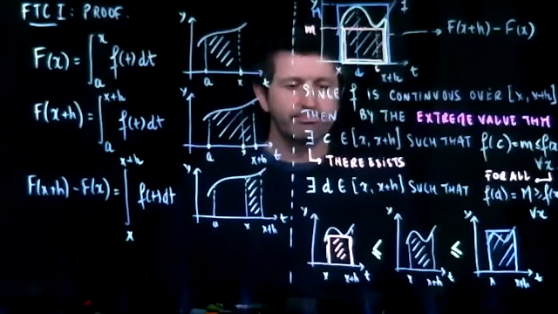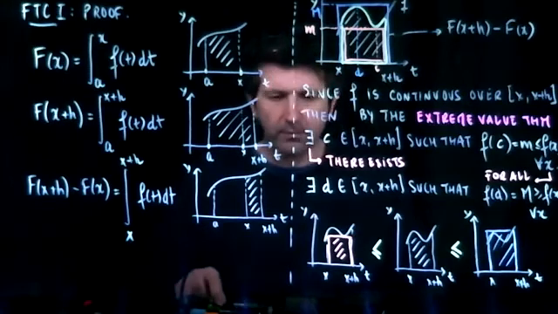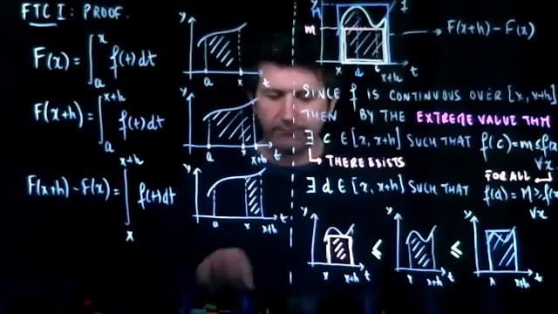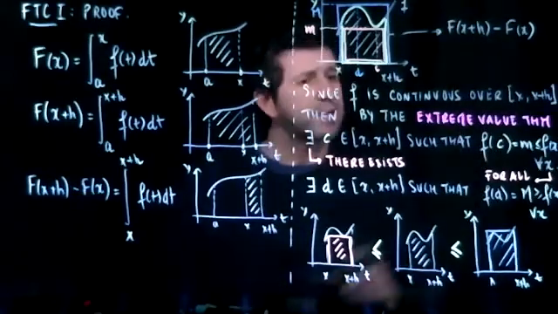So the one all the way on the left is when you take into consideration the c, which is the minimum, and the one all the way on the right is when you consider the max. Yeah. But the one in the middle is just f of x plus h minus f of x. Exactly.